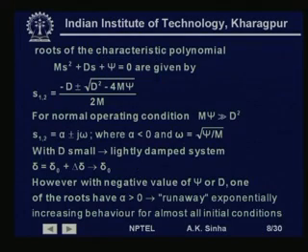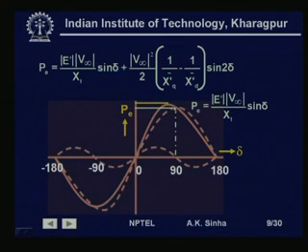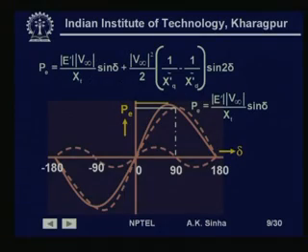And this is what we have seen here: if psi becomes negative, that is, we try to operate in this region, then we lose synchronism, because any small change in PM, where we would like to raise the output, in fact when we increase PM by a small amount, then delta angle increases but PE reduces, which means the difference increases and the rotor will keep on accelerating. So the speed will keep on increasing and it will lose synchronism.